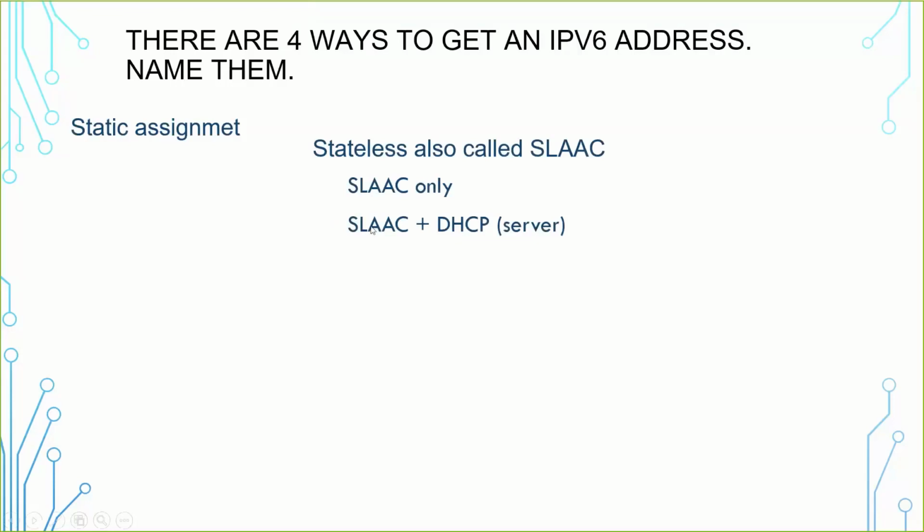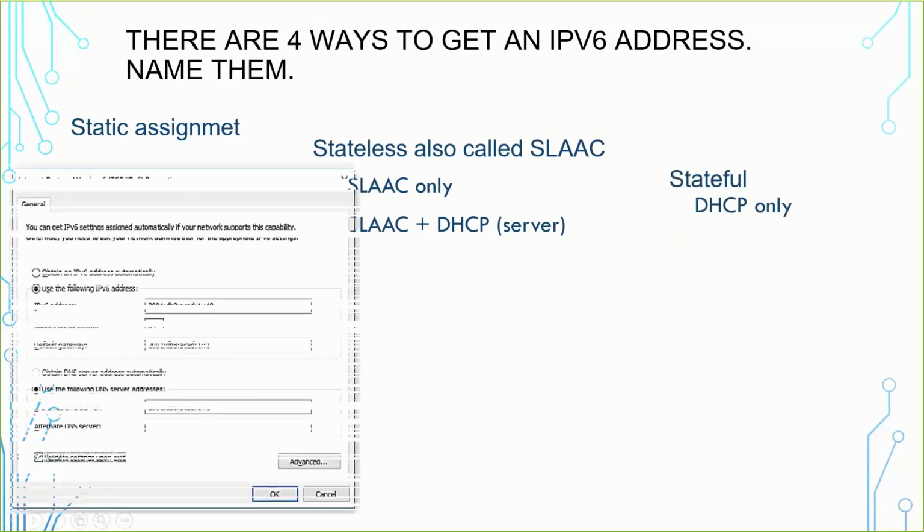The other dynamic way is to combine SLAAC with DHCP. And then lastly, I could just straight up use a DHCP server for straight up dynamic assignment. So there's a total of 4 different ways that I can set up my network with IPv6.